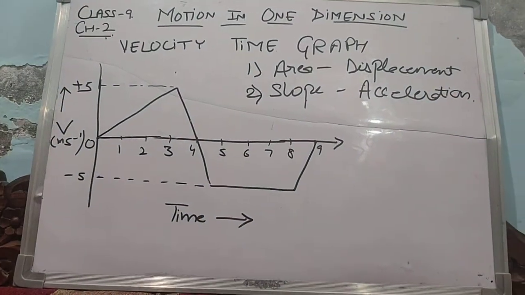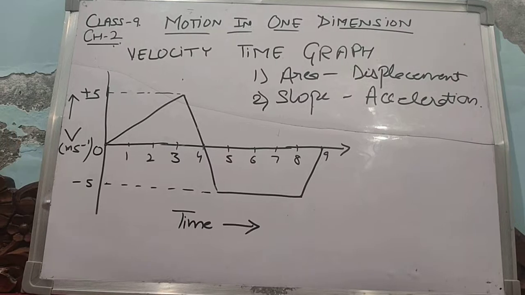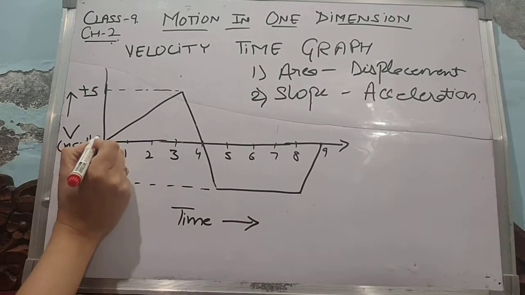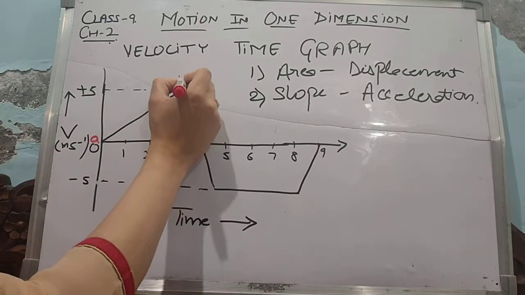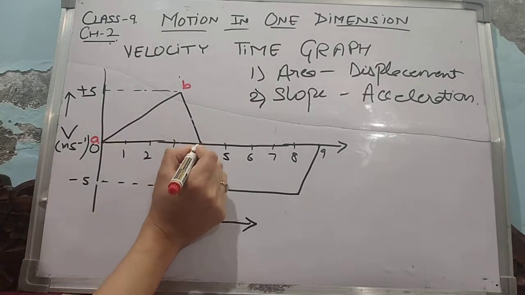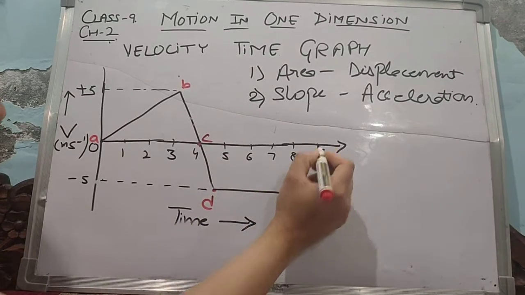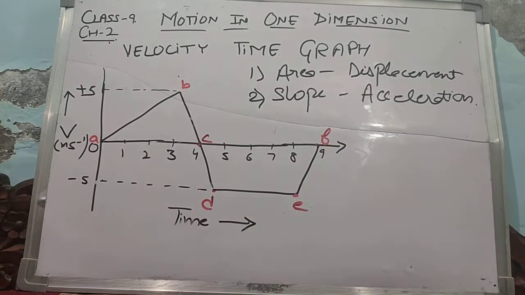Now, let us consider you have certain points here. Let this point be A. This point, let us say this is B. Here you have point C. Here you have point D, E and F.